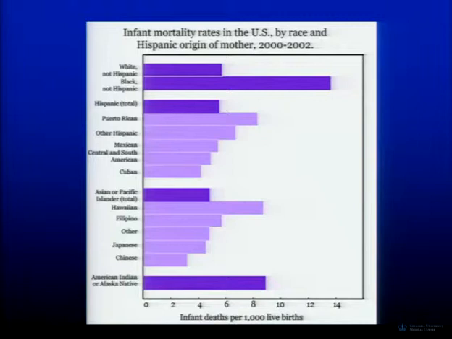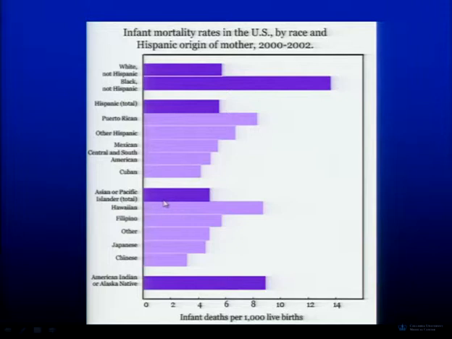And then, so this is an international look at it, and we can also look at it nationally, and this is showing the infant mortality rates in the United States by race and Hispanic origin of the mother, 2000 to 2002. So this top bar is white, not Hispanic. This is black, not Hispanic. This is all Hispanics, and then breaking it into Puerto Rican, other Hispanic, Mexican, Central South America, Cuban.